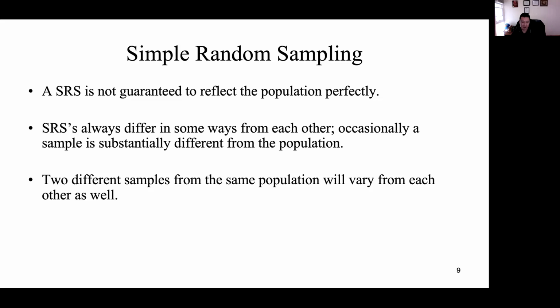Simple random samples always differ in some way from each other. For example, we take one simple random sample of 50 rods and measure the average diameter, then we take another 50 items and measure the diameter. These two simple random samples will differ from each other.